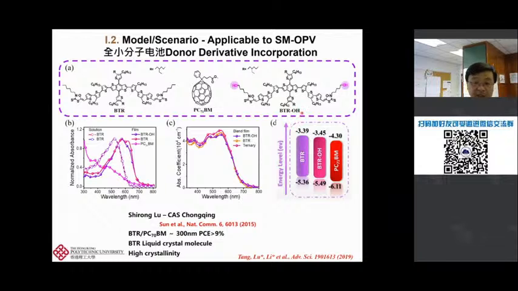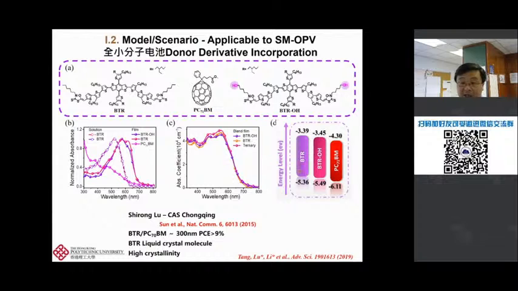My collaborator, Professor Shirong Lu in Chongqing, has lots of experience with this liquid crystal BTR, and they synthesized another one, BTR-OH, where you put in some OH groups. Structure-wise, compatibility is not an issue, and we tried to optimize in the ternary system.